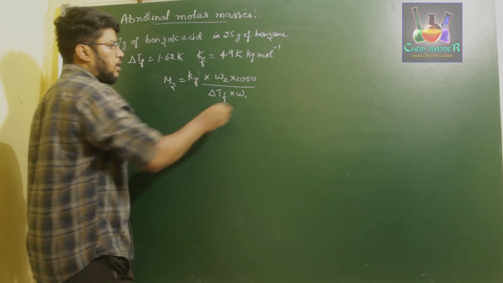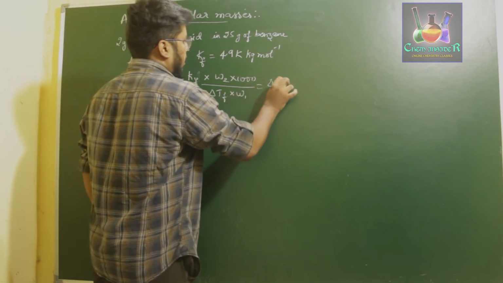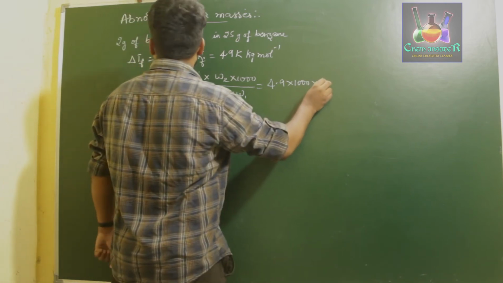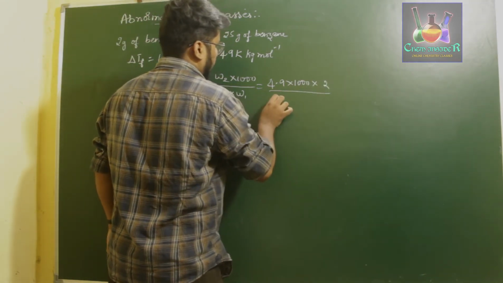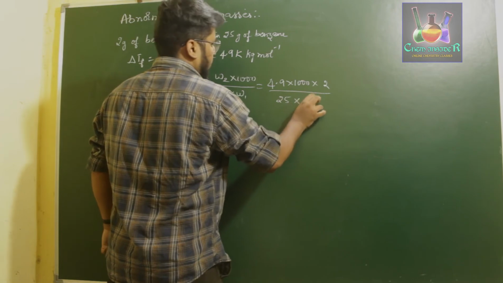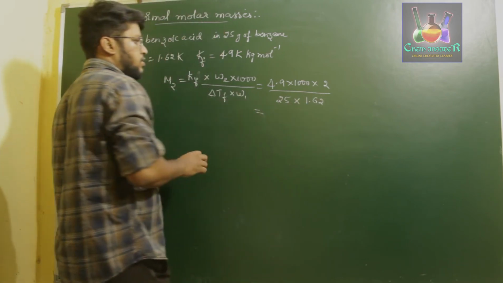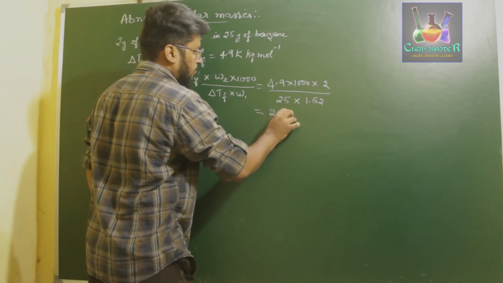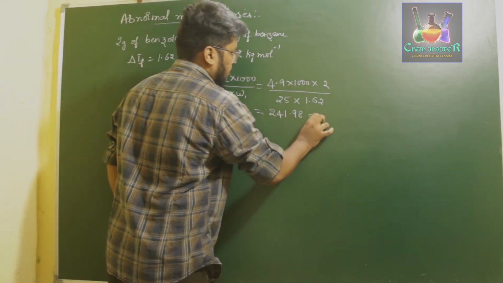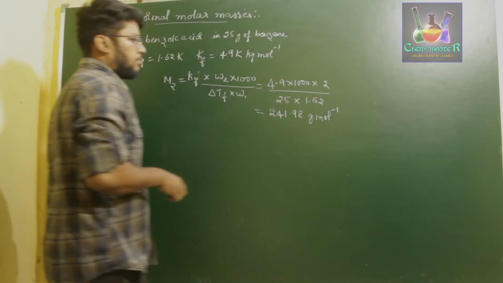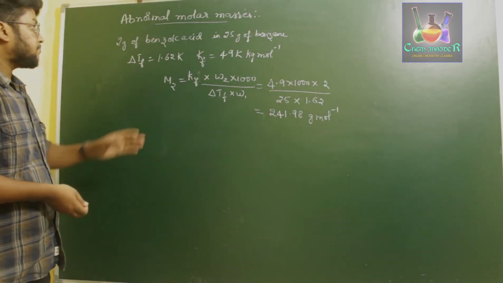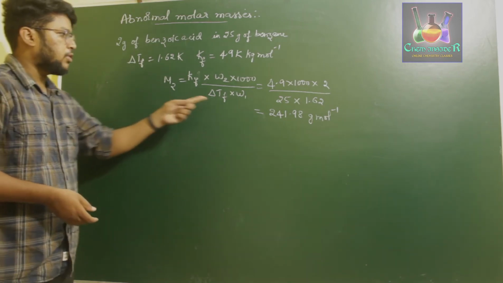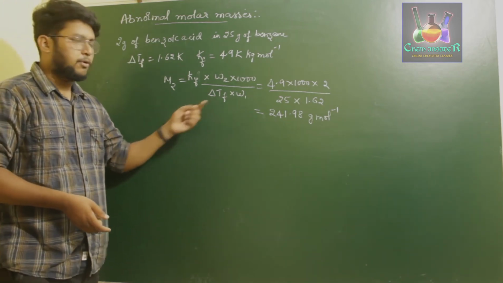Substituting, we get 4.9 into 1000 into W2, which is 2 grams, divided by 25 into 1.62. Once you solve this, you get a molar mass of 241.98 grams per mole, the value obtained using the colligative property of depression in freezing point.